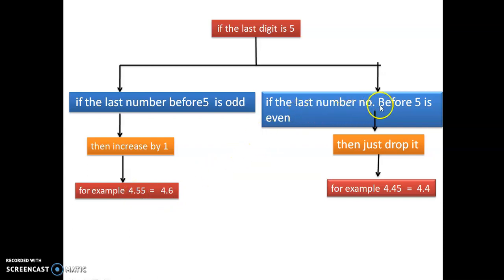But if the last number before 5 is even, then just drop it. For example, 4.45, in that the last digit is 5, okay, but before that 5 an even number is there, so you have to drop this 5, so it becomes 4.4.